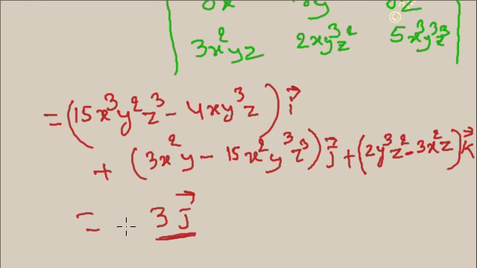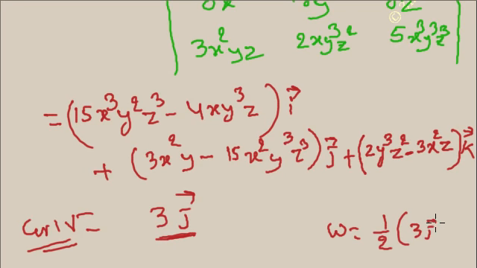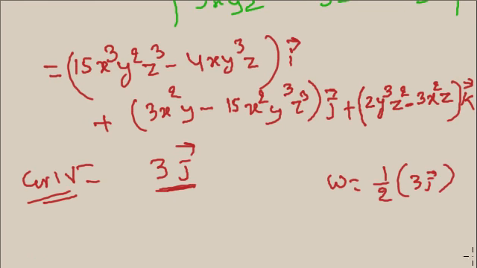So omega is equal to half of curl of v, half of 3j. That means omega will be equal to 1.5j.